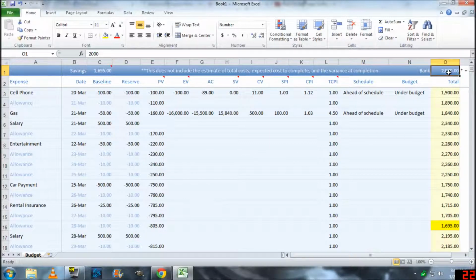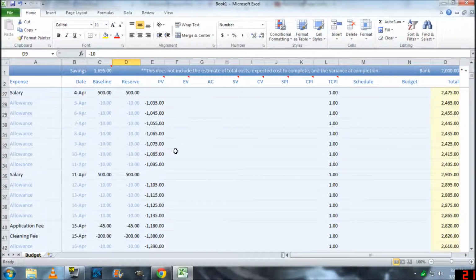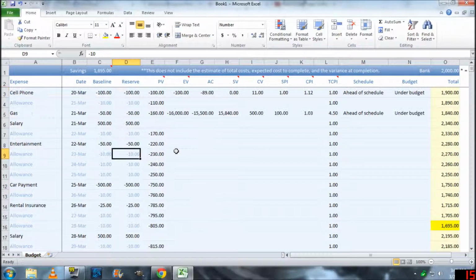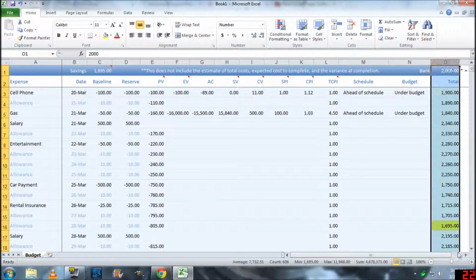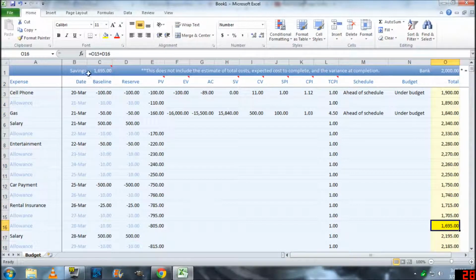Having $2,000 in your bank doesn't mean that's all you have to spend. It's based on your expenses, based on the range that you chose. And I chose 1 year on my own budget. Here, it tells me the minimum that my money will go down to is 1,695, and that will be my savings. Based on my budget, that's how much it will be.